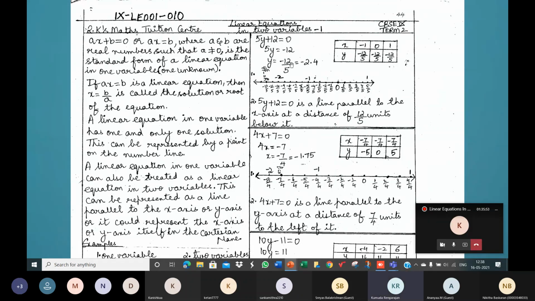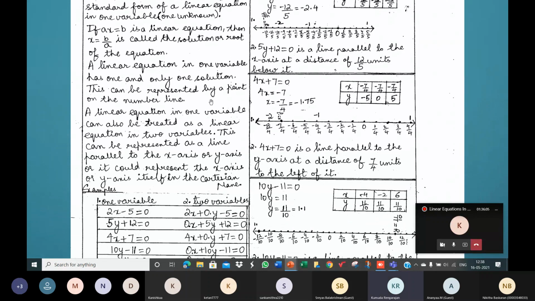Here we have just taken 0, minus 1 and 1. You can also check: in this equation, give different values for x. It's easy, because it's 0x.